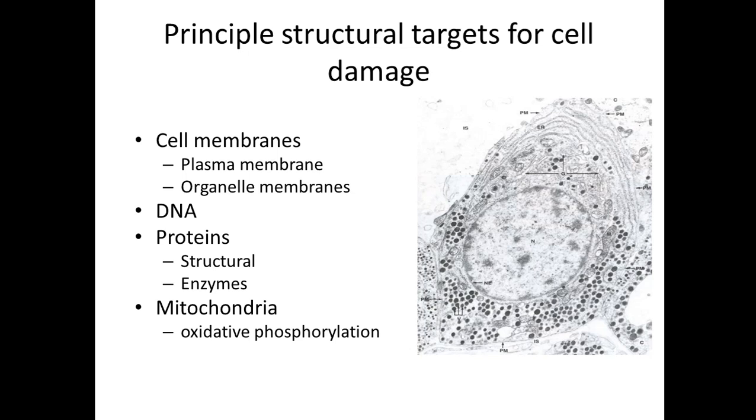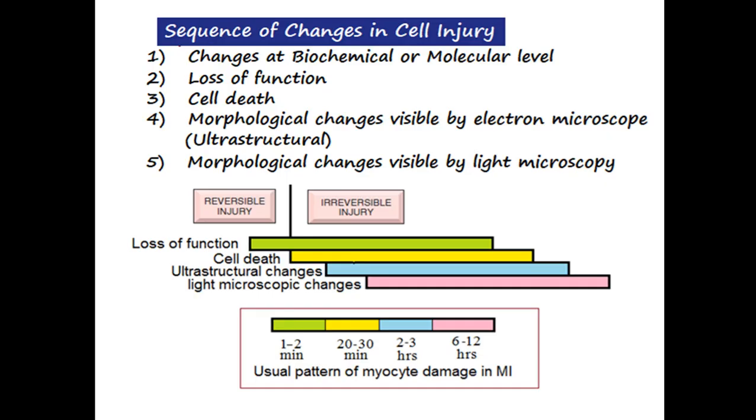The other targets of cell injury are the DNA, the ribosomes, which are the protein forming structures forming the structural proteins and enzymes, and the mitochondria, where oxidative phosphorylation occurs and results in the generation of ATP, which is a type of currency used by many cellular processes.